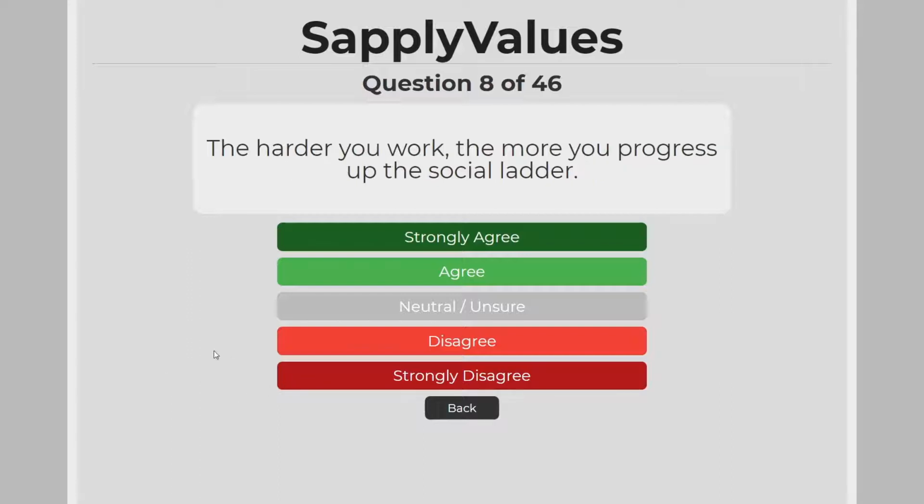Strongly disagree. The harder you work, the more you progress up the social ladder. I would disagree with this. It was actually quite good for this question too. In my last podcast, I reacted to Jubilee's rich versus poor, and there's a lot of talk around being poor in America.